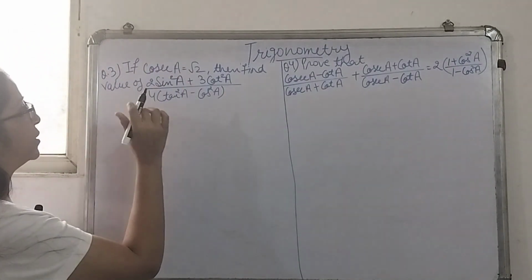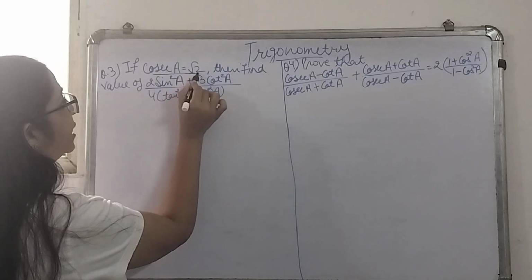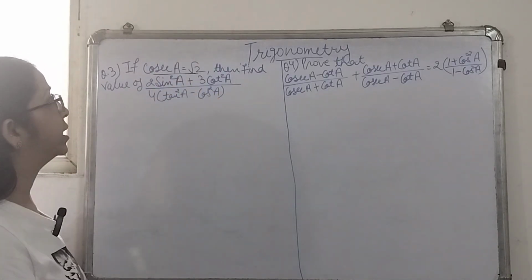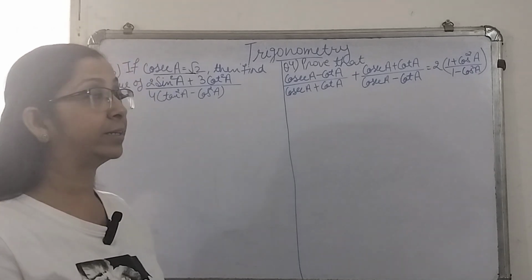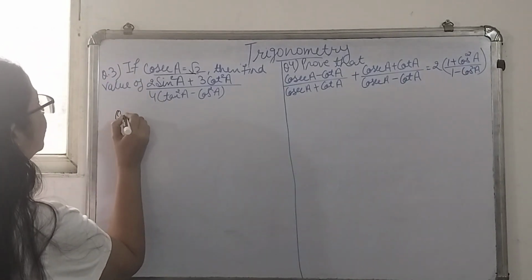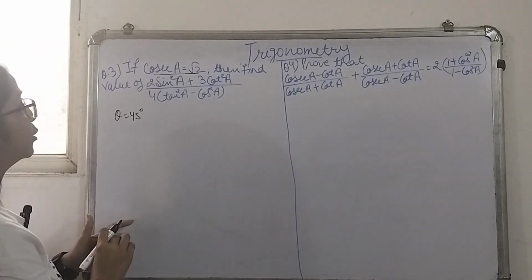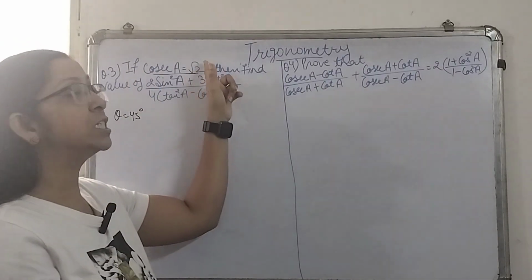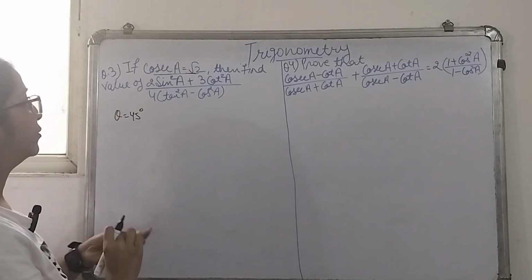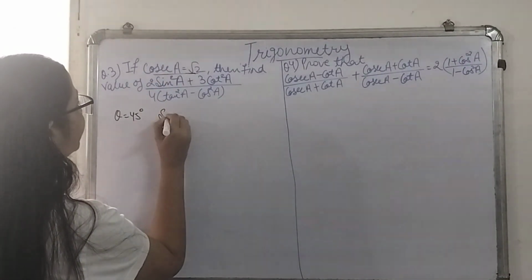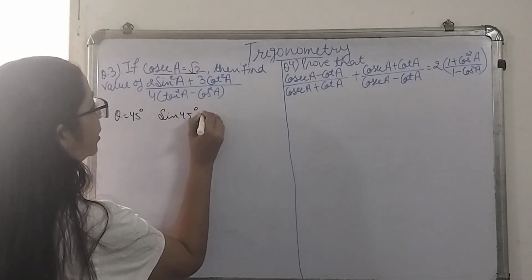Now here we know that the value of cosec A is root 2, and cosec theta is root 2 at theta equivalent to 45 degree. That means the angle is 45 degree, because at cosec 45 the value is root 2. Now when we know the value of theta is 45, sine 45 will be 1 upon root 2.